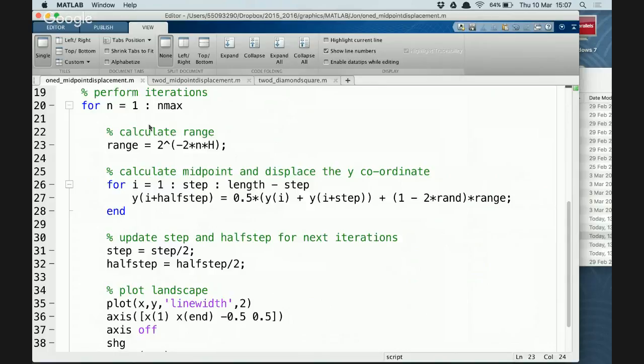Second iteration, reduce the range, and this time calculate the midpoint. Now, because step and half step have reduced by a factor of a half, you're going to have more points. So let's see what happens when I run this.